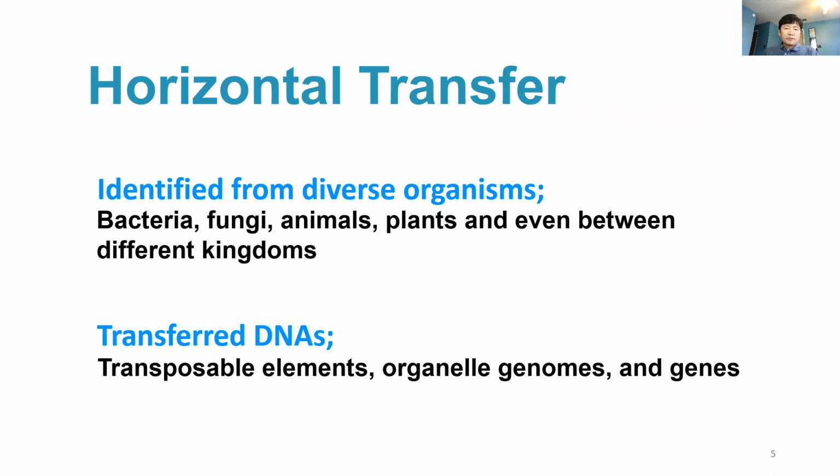Horizontal transfer phenomenon has been identified from diverse organisms such as bacteria, fungi, animals, plants, and even between different kingdoms. Whereas the study of horizontal transfer in bacteria is very well established, that in eukaryotes is not well established yet.